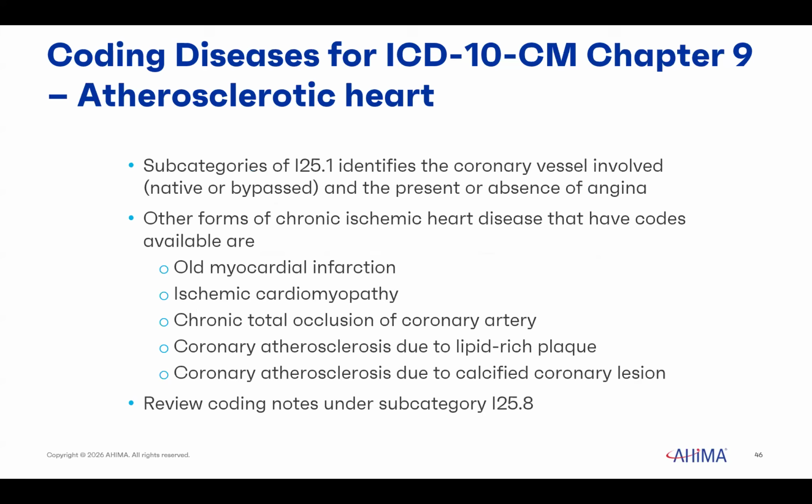These include old myocardial infarction, ischemic cardiomyopathy, chronic total occlusion of coronary artery, coronary atherosclerosis due to lipid-rich plaque, coronary atherosclerosis due to calcified coronary lesion, and others. The key is to review the documentation carefully and make sure that you're coding this correctly under subcategory I25.